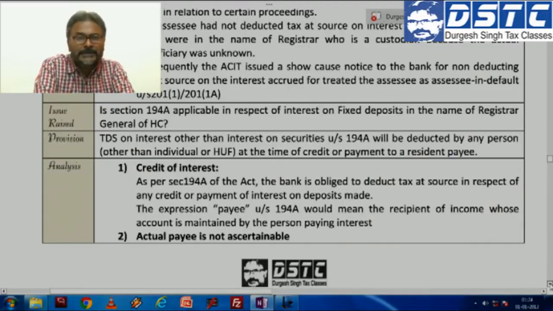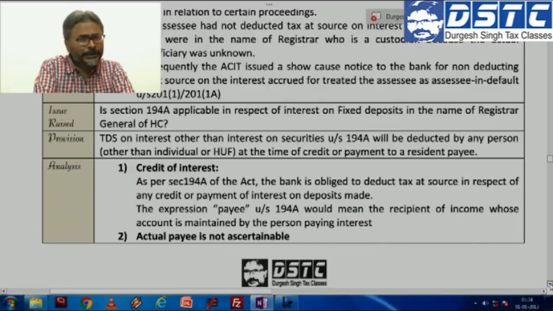So we cannot say that the Registrar General of the High Court is the payee of that interest amount. The payee would be the person finally adjudicated by the High Court at the end of their judgment.